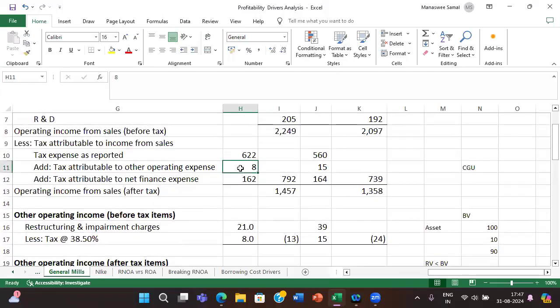Therefore, finally, you are saying my tax expense attributable to income from sales is 792. I hope you got this figure. And in case somebody is not getting it, please ask me in the class. Okay. Then 2249 minus 792 gives you operating income from sales.